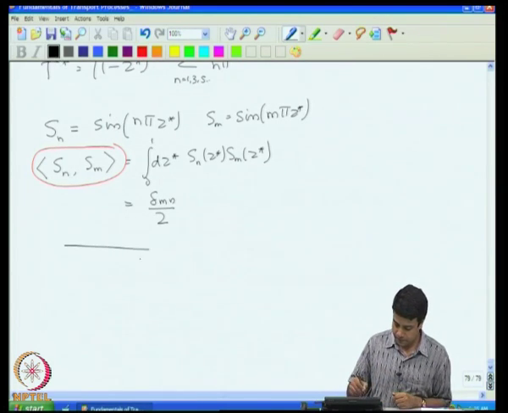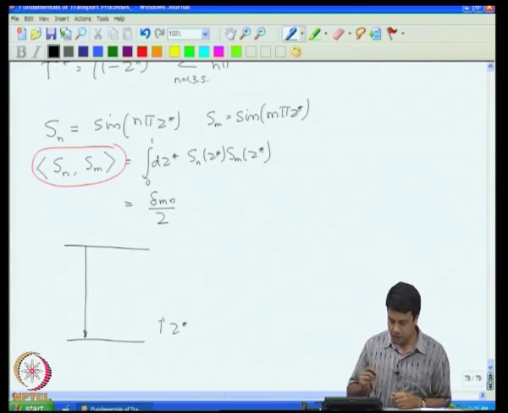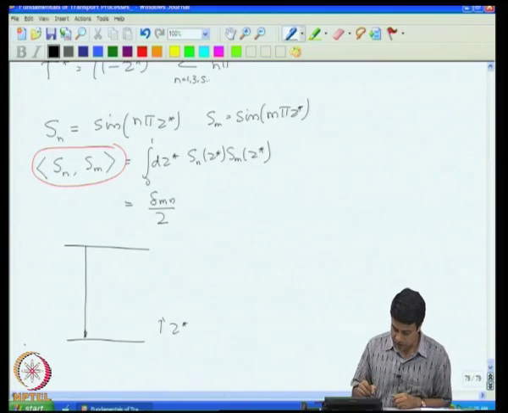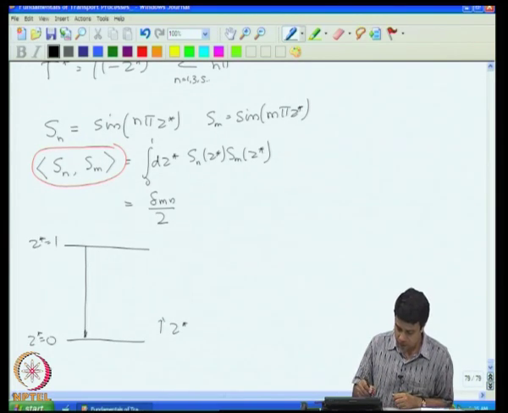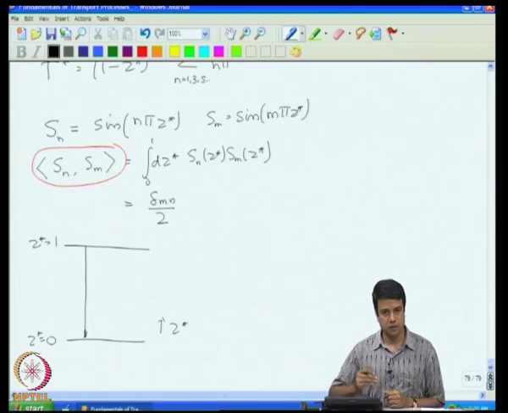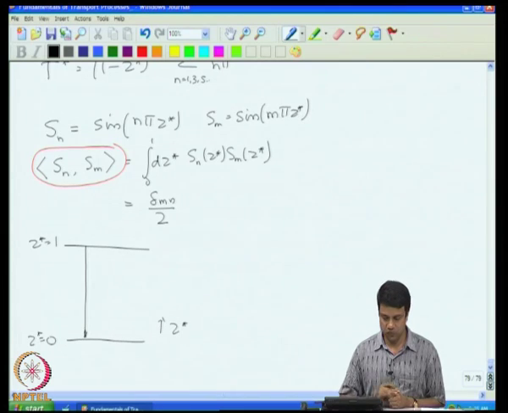Within this domain, I have z star in this direction. For n is equal to 1, sin pi z star is 0 both at z star equal to 0 as well as at 1, and it goes to 1 at a half.